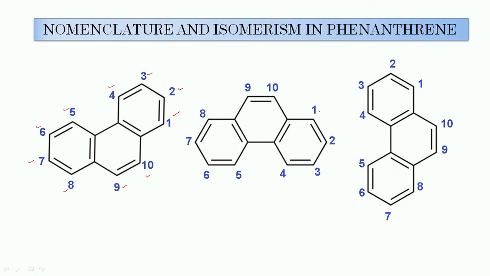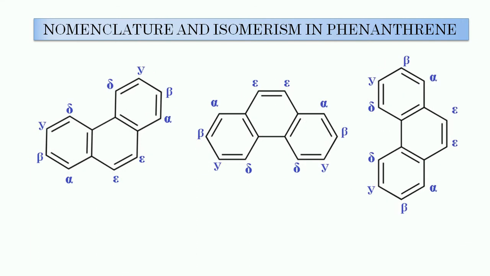Similarly, in this way 1, 2, 3, 4, 5, 6, 7, 8 and 9 and 10. And they are alpha, beta, gamma, delta, and similarly alpha, beta, gamma, delta, and these are epsilon. So there are 5 equivalent pairs of carbon atoms.